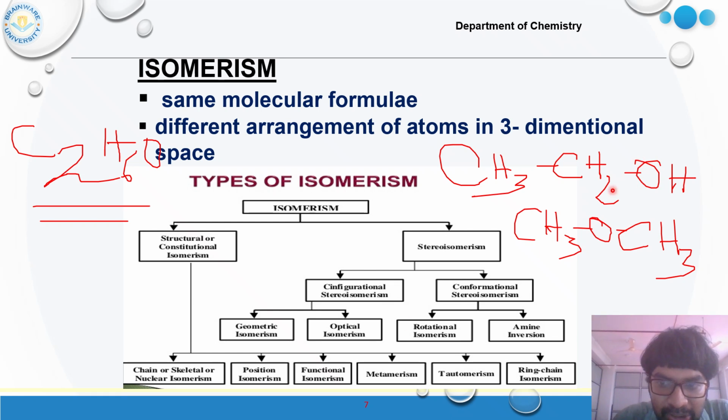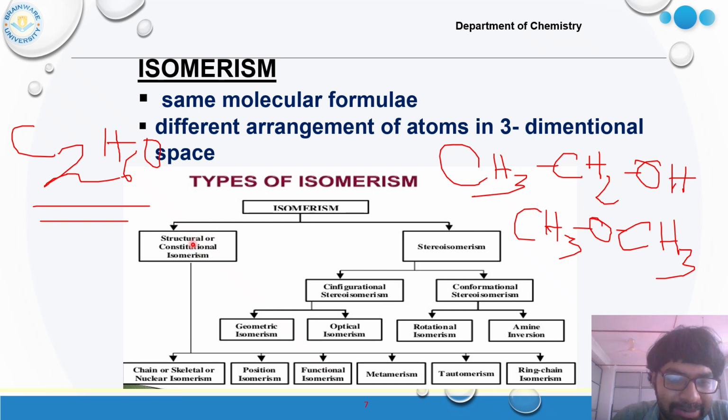Their arrangement of atoms is different. One has OH as functional group, another has O as functional group. OH means alcohol, O means ether. So they have different arrangements of atoms.